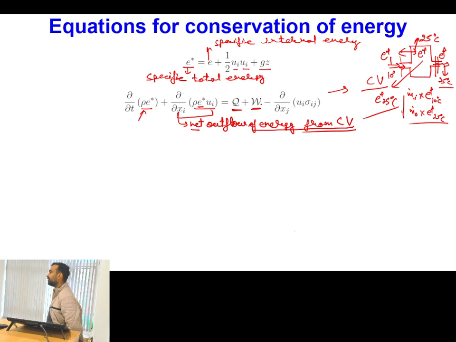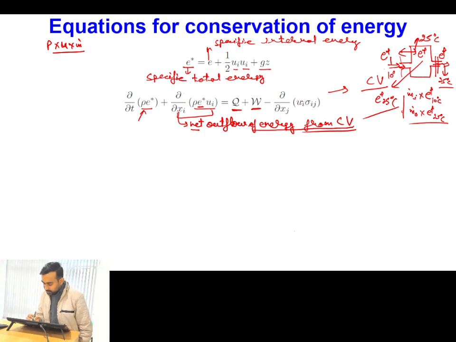In basic thermodynamics, we define one parameter as flow work. What is flow work? VdP, or in simple sense, it is nothing but mass flow rate into pressure into velocity. Is this point clear? So that is my flow work.